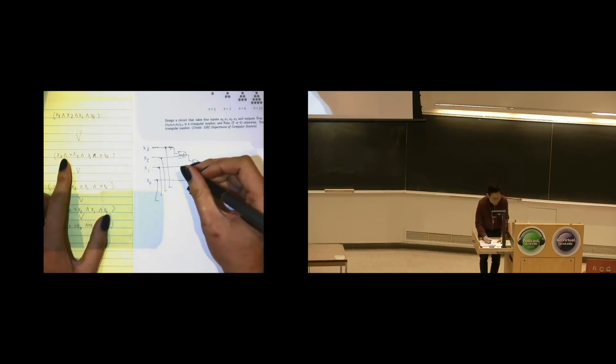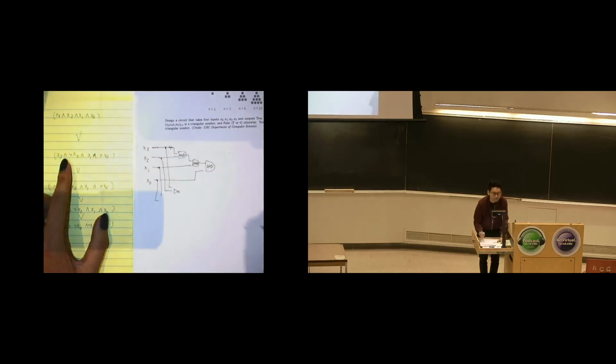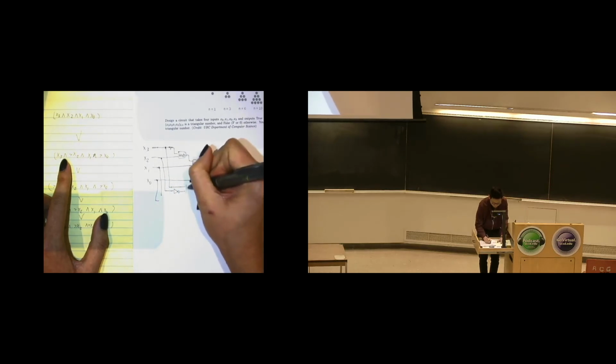Okay, so this one is x3 AND with not x2, so we want a not x2 first. This is the NOT gate. Now we are ready to combine the two. So this is x3 AND with not x2.